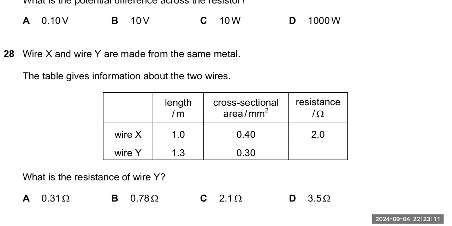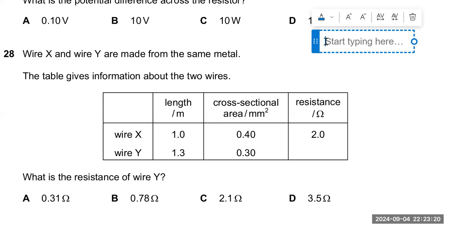So for that purpose, we have to solve this by using the formula: resistance is equal to rho L by A. Rho represents the specific resistance.